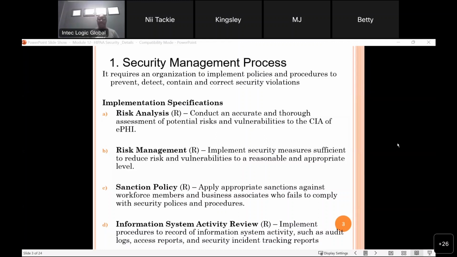Information system activity review: implement procedures to record information system activity, such as audit logs, access reports, and security incident tracking reports. Right, like Kingsley said, there is a system in place. Before you log on to a system, it requires you to enter your username and password. It requires you to enter your code.